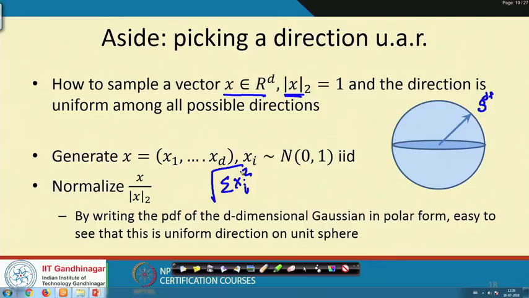Here we have normalized it with the norm of the vector, so the r effect goes away, and what you are left with is a uniformly chosen direction, right. This is again a useful exercise to perform that we will possibly also look at in the exercises that we give to you. Okay. So, with this aside, let us end today.